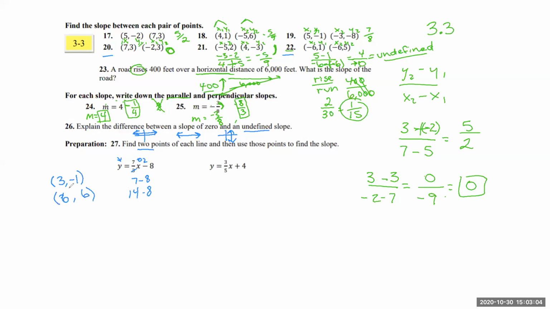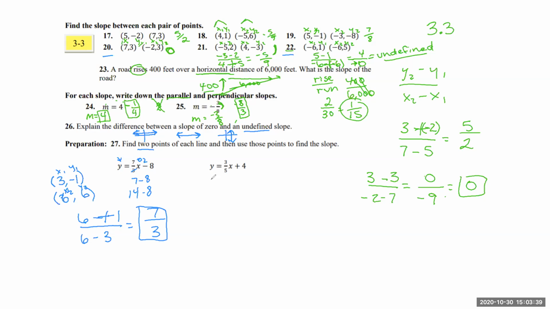Okay, so then taking these points, we're going to find the slope of the line. So I'm going to label this x1, y1, x2, y2. And so what we're going to do is y2, 6 minus -1. So they're going to add on top there. And then 6 minus 3 on the bottom. So then what that comes out to is 7/3. So there's the slope for that one.